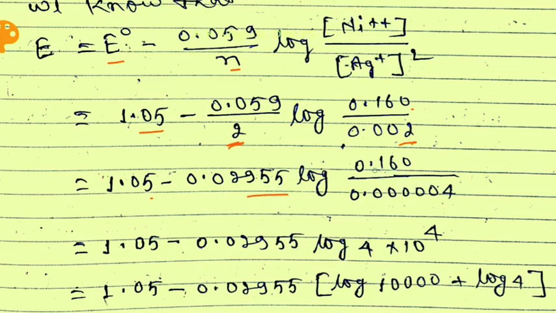What is the concentration? 0.160 by 0.00004 due to silver ion square.